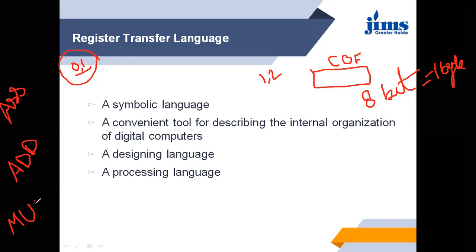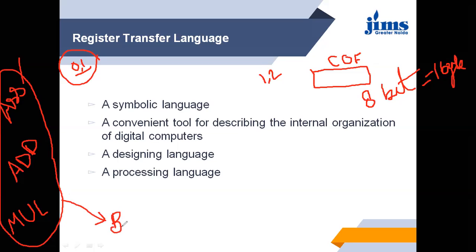In short, these can be easily understood by human beings as well as by the computer. When I say easily understandable by the computer, it doesn't mean the computer can understand it directly. First of all, it has to be converted into binary language.